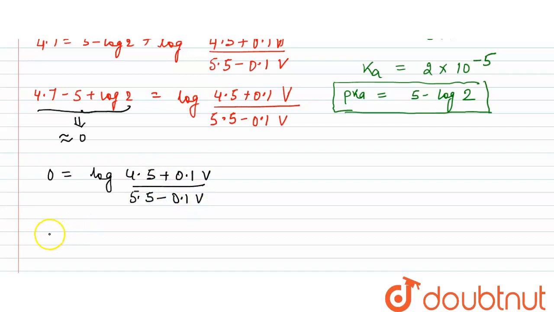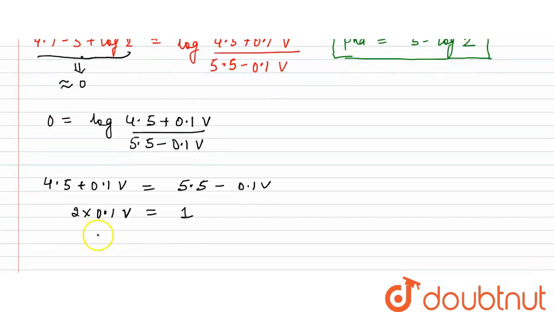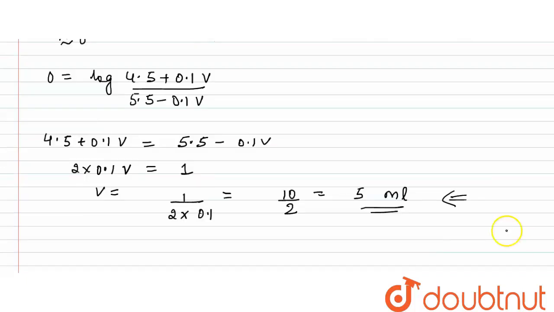So from here it's very clear that 4.5 plus 0.1 V is equal to 5.5 minus 0.1 V, right? So now you will write that 2 into 0.1 V is equal to 1, right? So finally V will be equal to 1 by (2 into 0.1), which can be written as 10 by 2, or 5 ml, because the volume was in ml, right? So this is the answer to the given question.